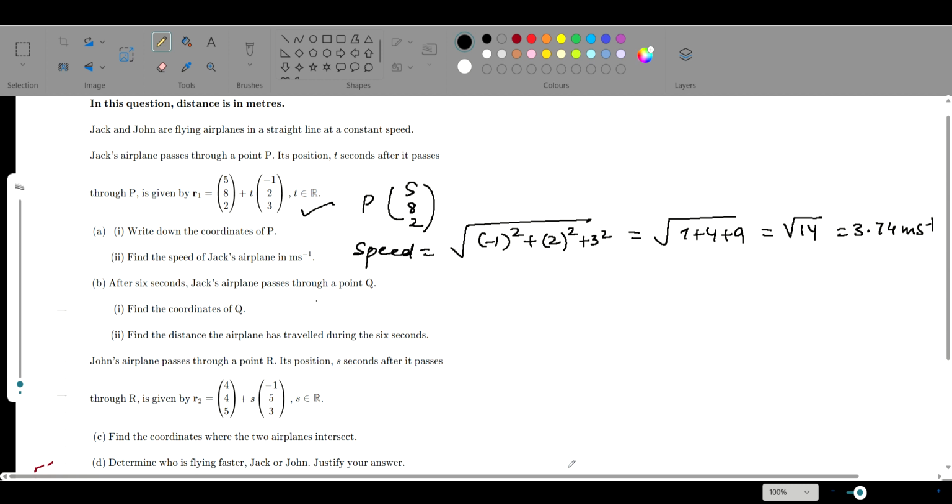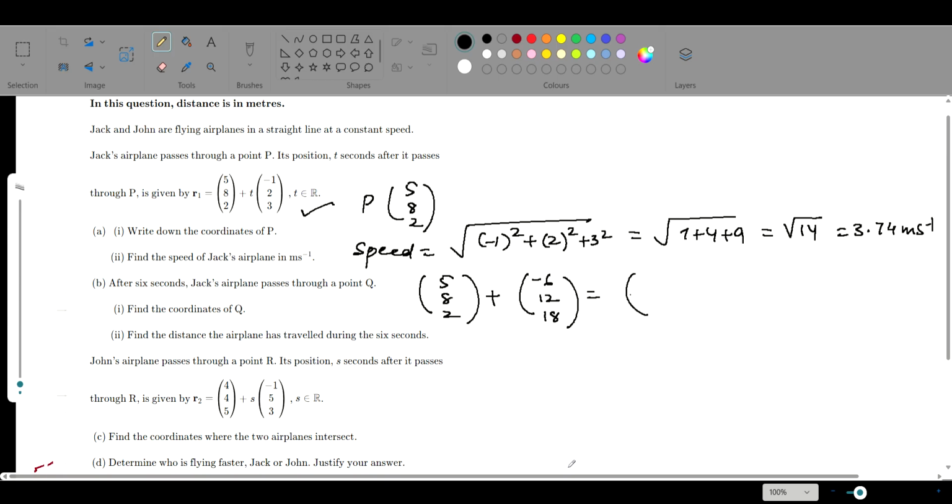Find the coordinates of Q, which is after 6 seconds. So it will be 5, 8, 2 plus 6 times minus 1, 2, and 3. So it will be minus 6, 6 times 2, 6 times 3.